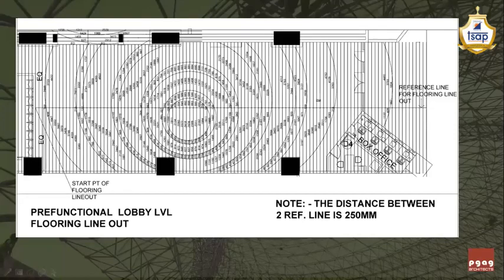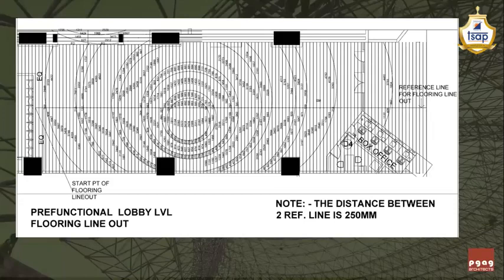Though the circles are there, you cannot show it by marking the centers of the circle or marking the radius of the circles. It becomes very difficult for a contractor to mark the radius and the center of the circles on site. So this is the type of line out which we follow for the curve flooring.